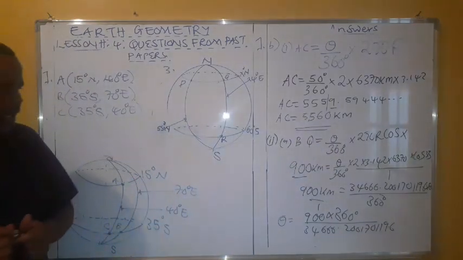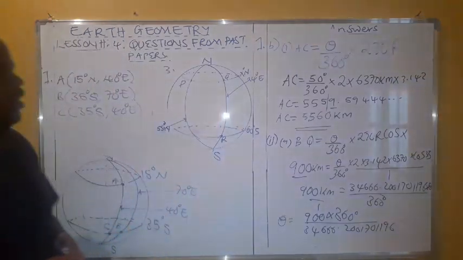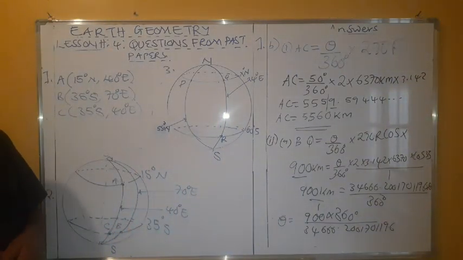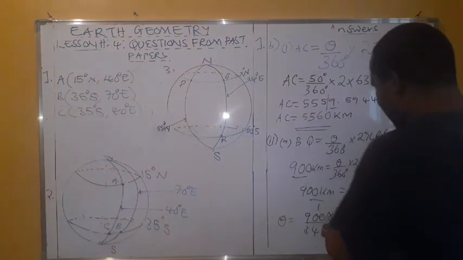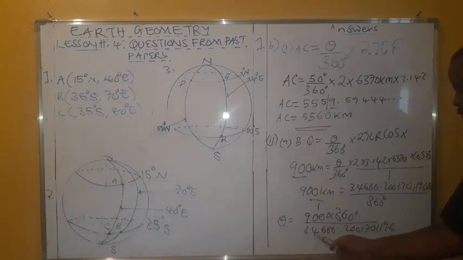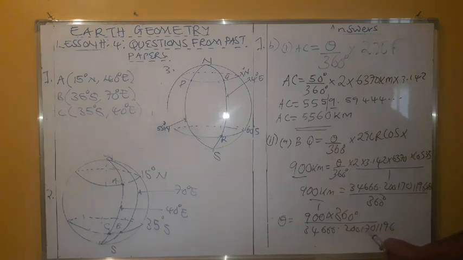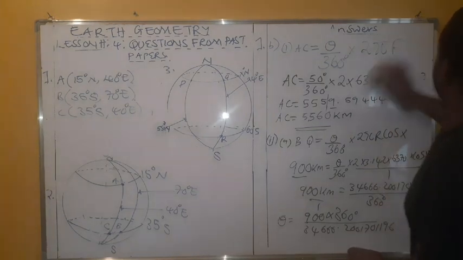That's how you get our theta. Actually, this is theta, not q. So you have 900 times 360 divided by 34,666.200170196. I hope you have found the answer. Let me erase the top part.